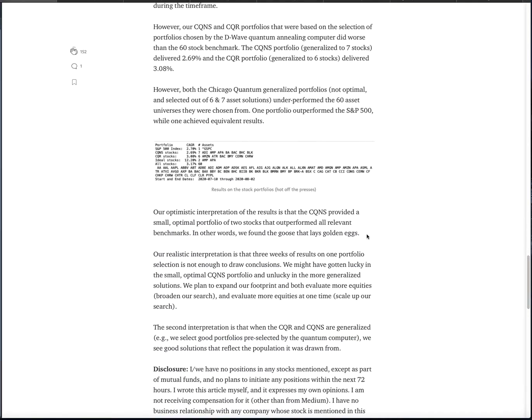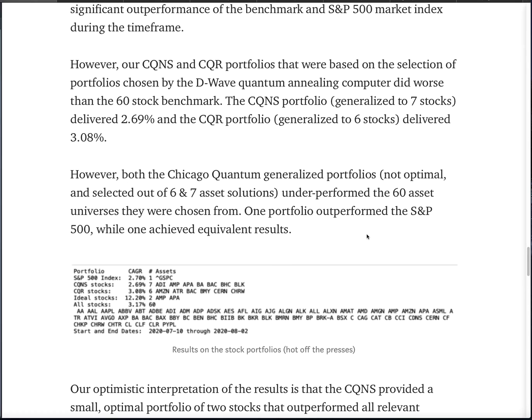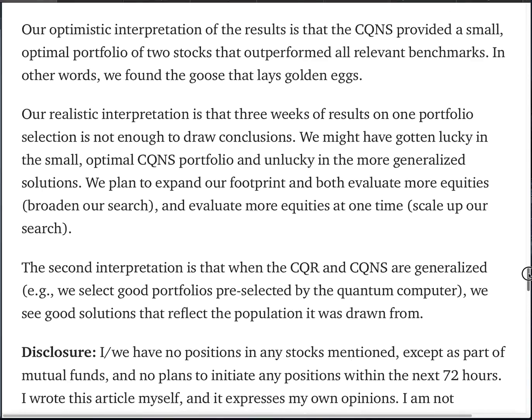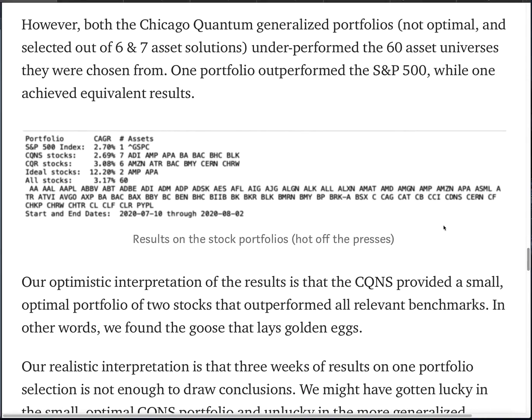Here's what happened. Boom. You're going to be amazed. The ideal stock portfolio, 2 stocks, returned 12.2% in the period. By the way, we do not invest in our own portfolios at this point, so everything we're doing is research.